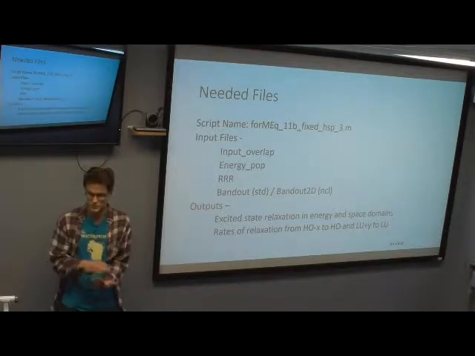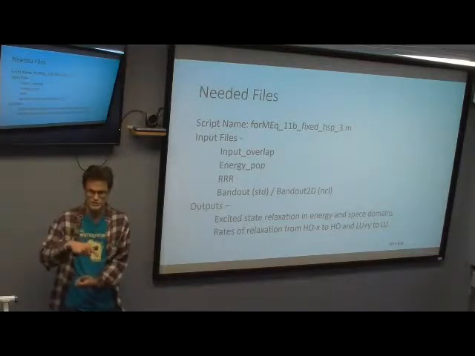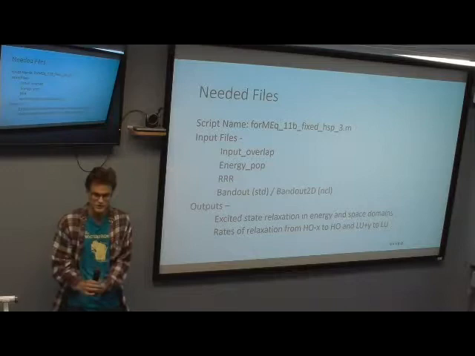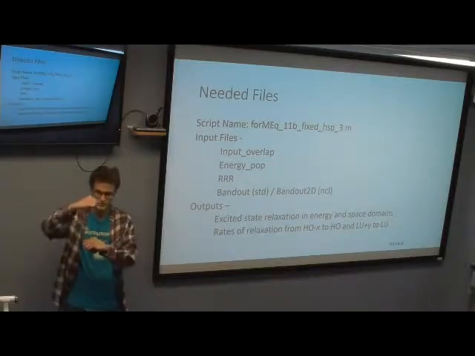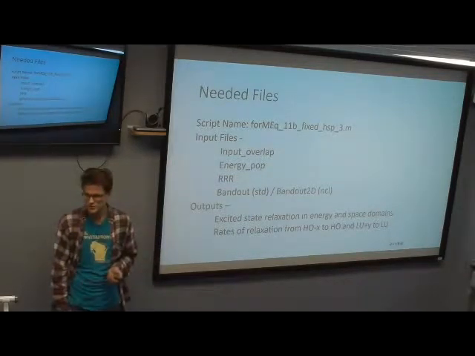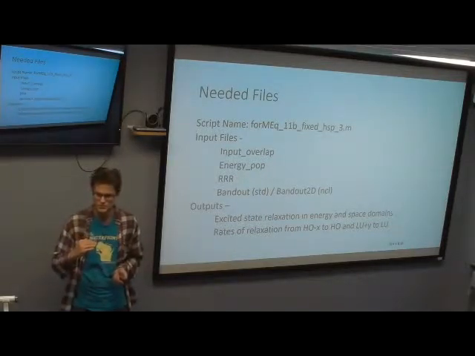So it projects them along X and Y, and then we can see along Z. So usually, whenever we make models, if we want to look at stuff like localization for charge transfer, you have your hole and acceptor and donor along Z. And band out is just one file that summarizes all orbitals together. Yes. So it reads in all the partial charges corresponding to your energy pop or input overlap.